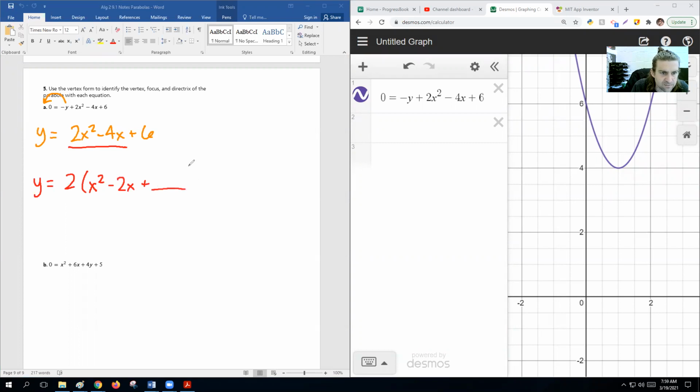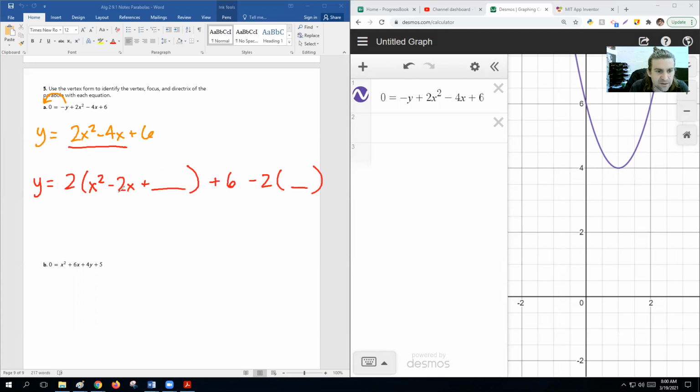We have our blank, and then plus 6. Then we need to get rid of the blank. We have to do the opposite: if we have 2 times this blank, we're going to have -2 times that same blank. That's the only way we can add a number to something, if we subtract it as well, because they cancel each other out.